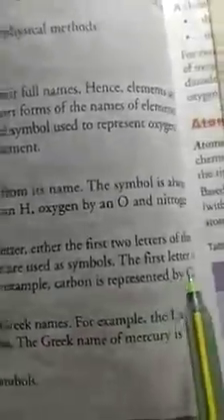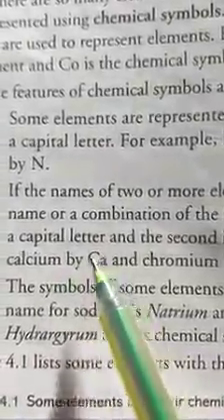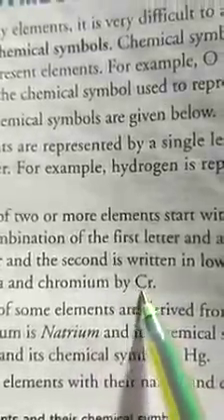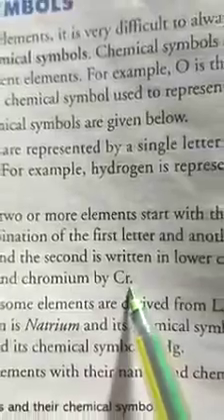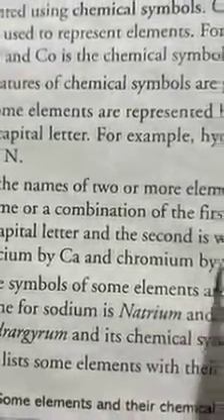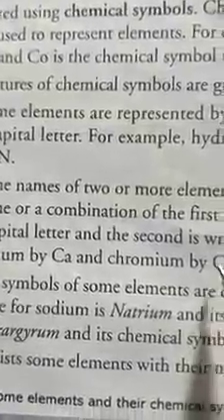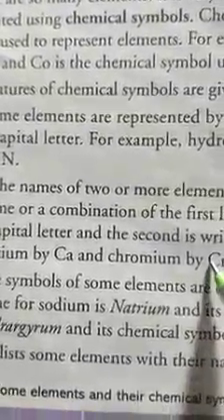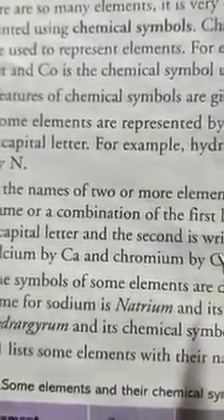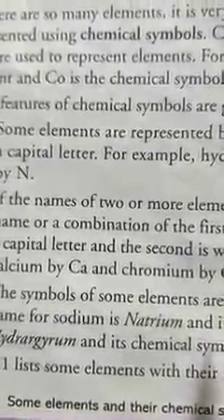For example, carbon is represented by C, whereas calcium is Ca. C is capital and a is small. Chromium is Cr, the first letter capital, then the second small. So now dear students, you understood that when two or more elements begin with the same letter, their symbols take two letters, the first letter capitalized while the second letter is lower case.